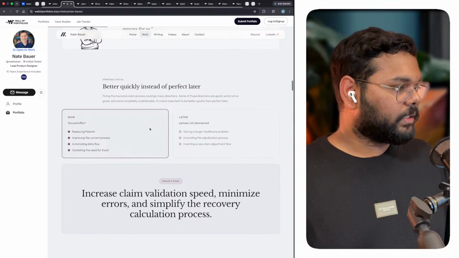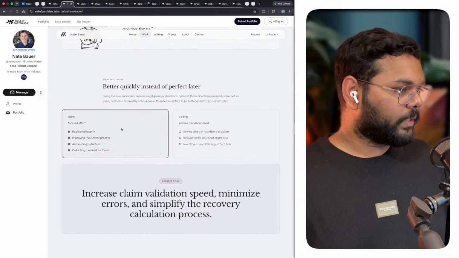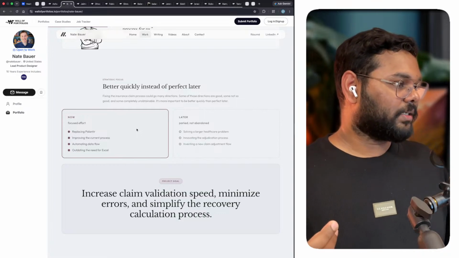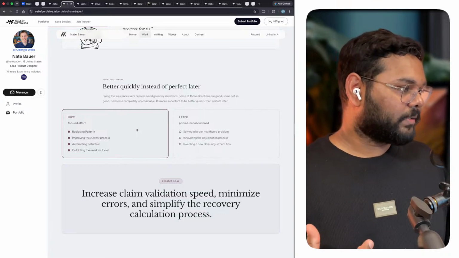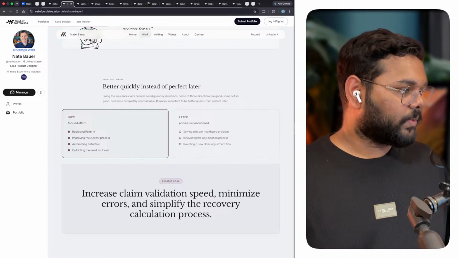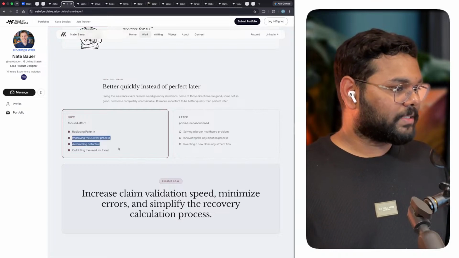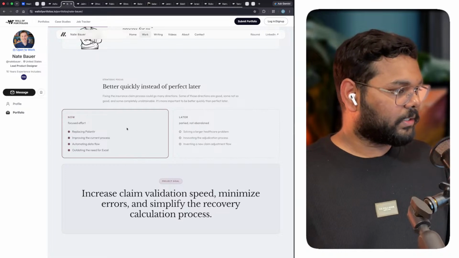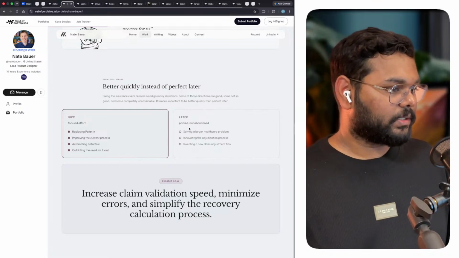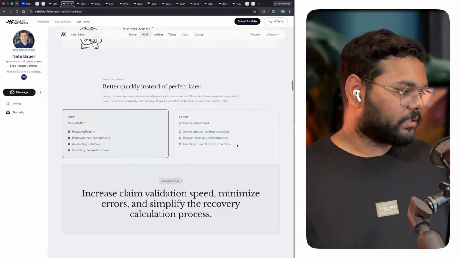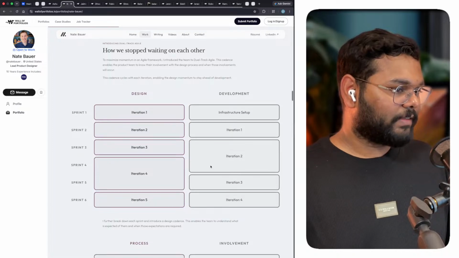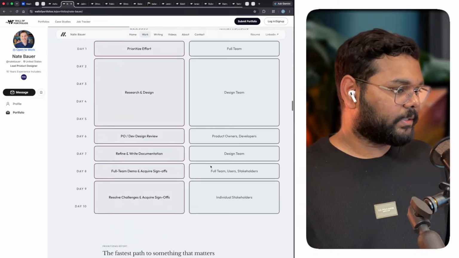And then, okay, this is a really good way to actually show the strategy part, that this is what the problem is now, and what they are solving, and this is what they will solve later. Good. Design and development, great, great.